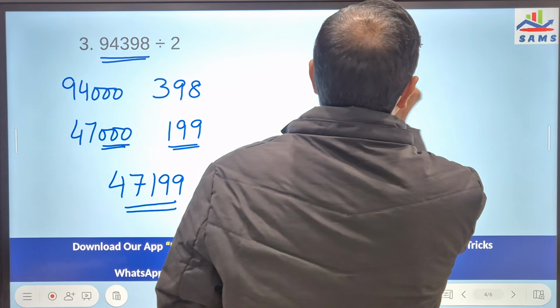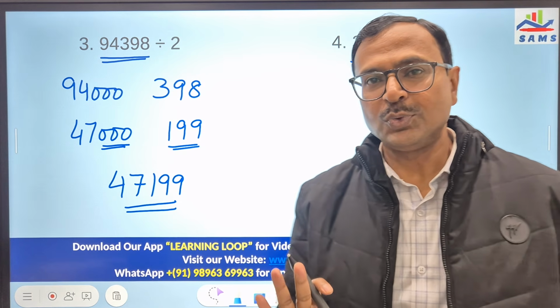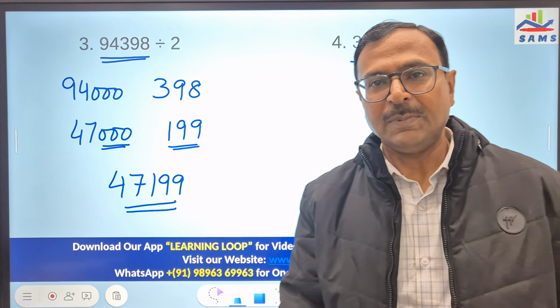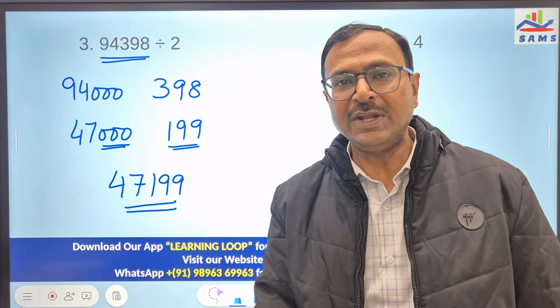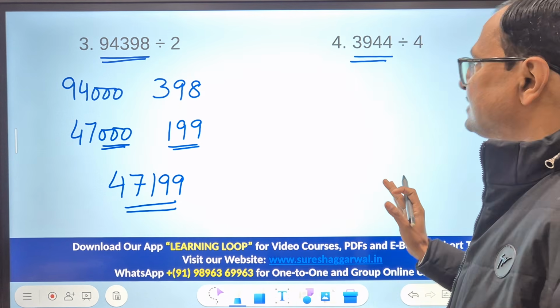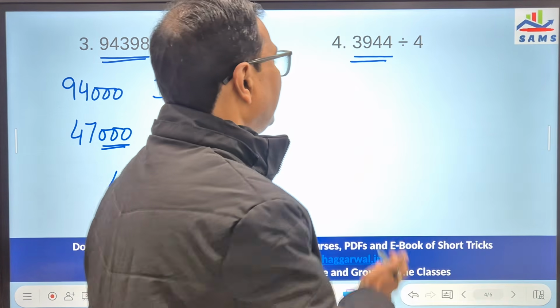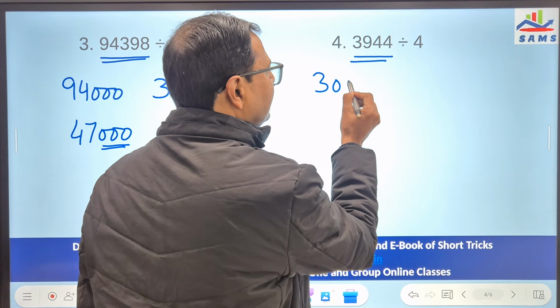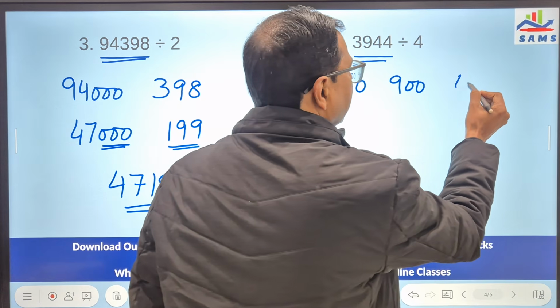Let's move on. 3944. Now I'm sure you will be able to do this very smartly and easily, because you already have done a 5-digit number. Now when you do a 4-digit number, this is going to be much easier. So how do you break it now? I can write it as 3000, then 900, and then 44.